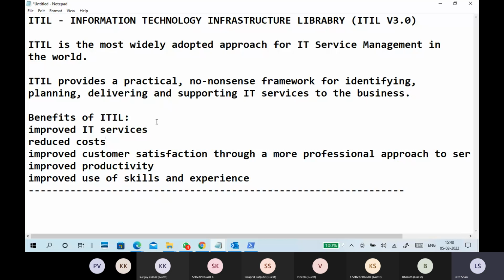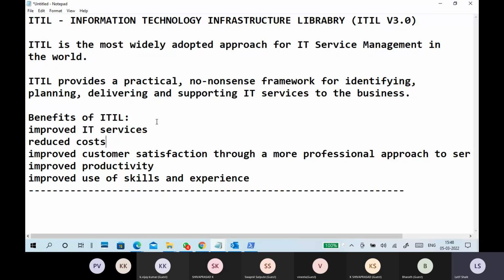You take care of the customer immediately, and very fast you solve the issues. Or when you receive a customer, at least you listen to what the customer is trying to say, so that is also customer satisfaction. That is also something we should improve.